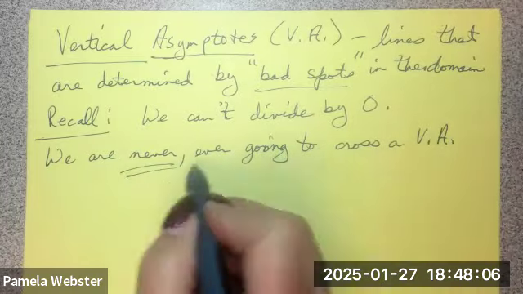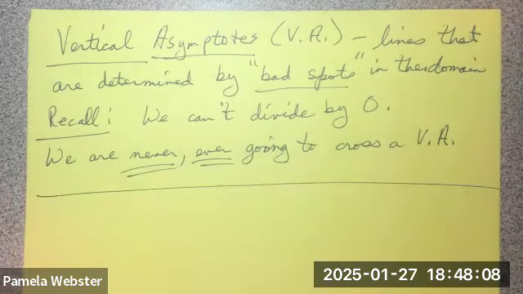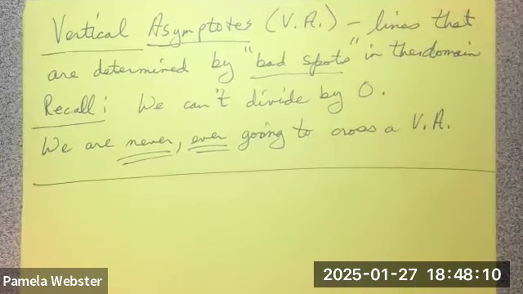You don't hear me say never, and you certainly don't normally hear me say never ever. I very rarely use those in a classroom, but we're never going to cross a vertical asymptote. And the reason why is because these are bad spots in the domain. If I had them, I would have a spot where I cannot graph. And so that is not part of the function, basically. If that spot was in there, I wouldn't have a function.